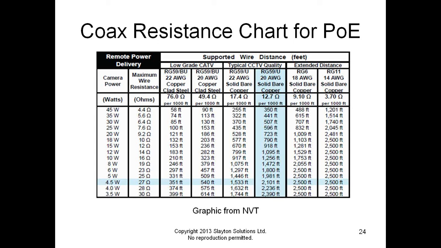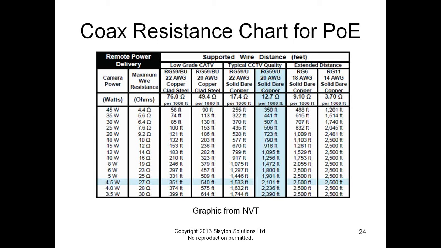But when I get out into the farther reaches of cable distance, like in this case we're out 1,000 feet or so, you might be in the single digits in terms of the amount of watts of power that you can push through. Now let's just step back for a minute and consider that the standard form factor IP camera, non-pan, tilt, and zoom, non-outdoors, an indoor fixed camera, is typically going to draw 4 to 6 watts of PoE power when it is operating.